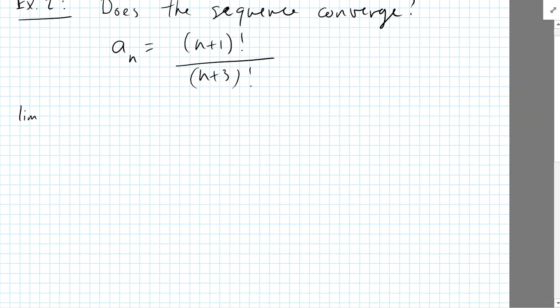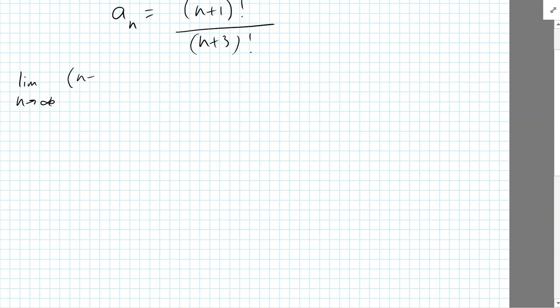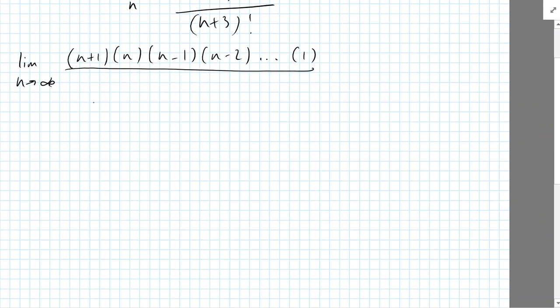of n going to infinity, and we're going to write out that factorial. So the top factorial is going to be n plus 1 times n times n minus 1 times n minus 2 dot dot dot all the way to 1, over, and for n plus 3 it's going to be n plus 3 times n plus 2 times n plus 1 dot dot dot all the way to 1.